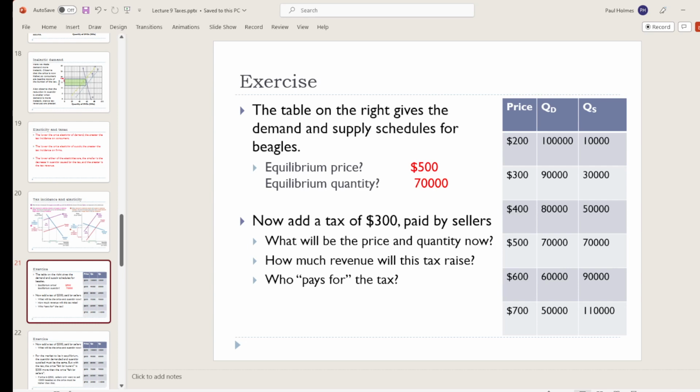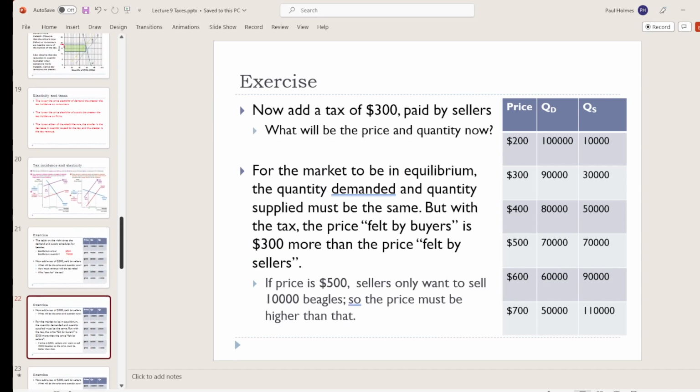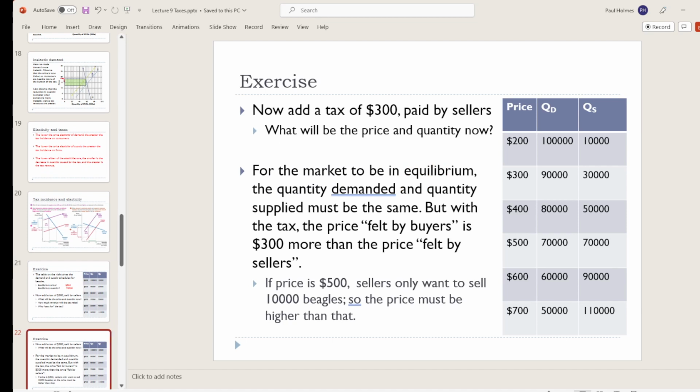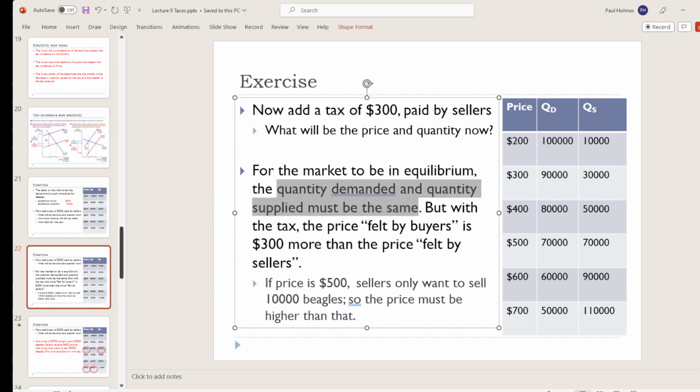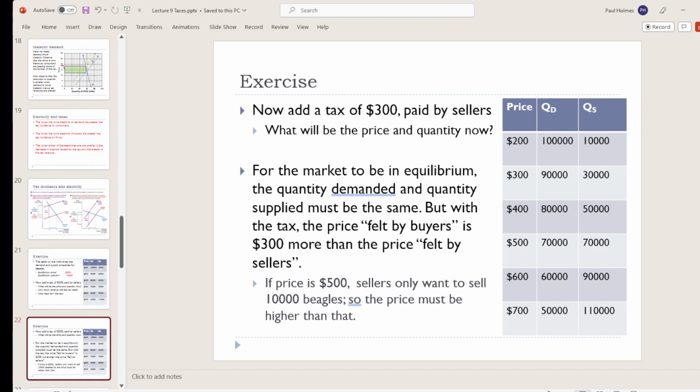Well, our equilibrium is going to have two features to it. The first feature is the quantity's got to be the same. Quantity demanded and quantity supplied both have to be the same for it to be an equilibrium. But the buyers and sellers don't face the same price now, right?